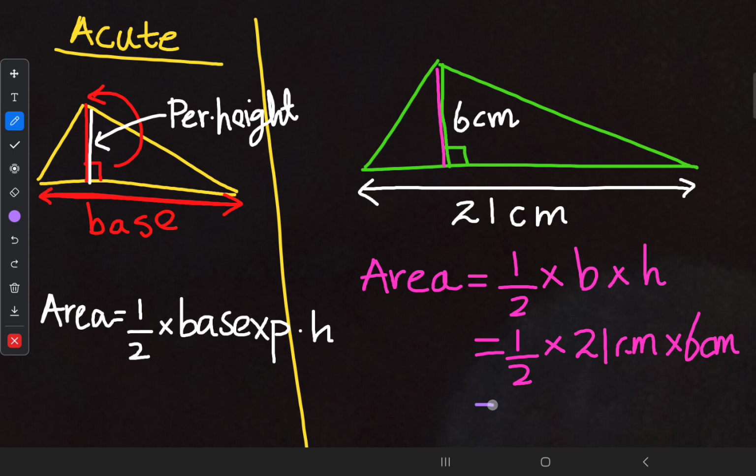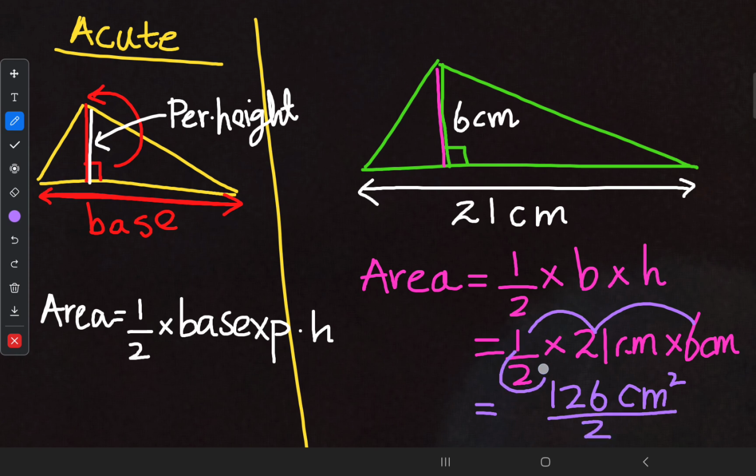In here, you have to multiply the numerators first. In the numerators, 1 times 21 times 6 will give you 126 square centimeters. In the denominator we have a 2, so this should be divided by 2.